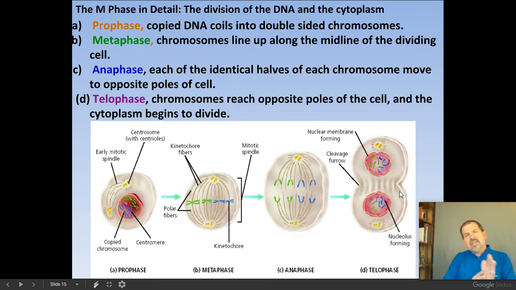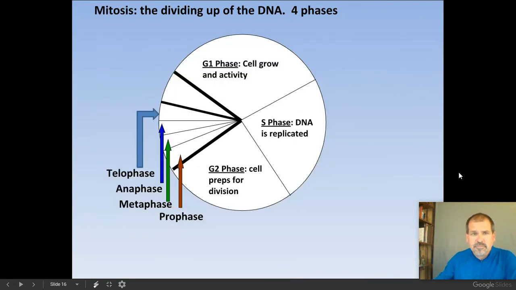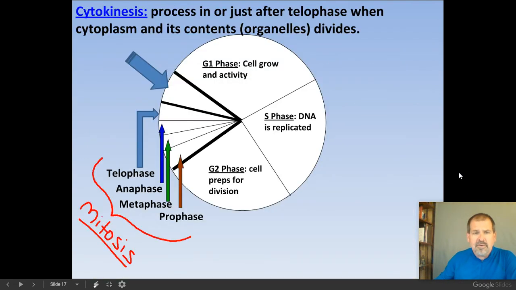So telophase is not quite done, and so my point is that telophase and cytokinesis overlap. Telophase is just about done, and then cytokinesis starts. So there's our mitosis, there's our cytokinesis, there is our M phase. So there is our cell cycle.